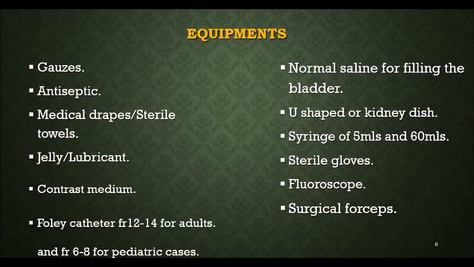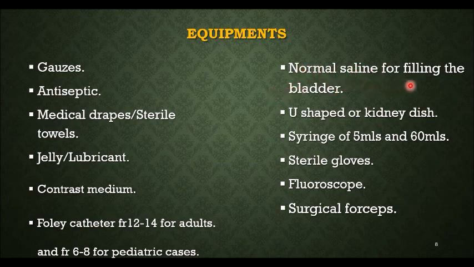So we need many pieces of equipment. We will need gauzes and antiseptics for cleaning the patient. We will need drapes and sterile towels for covering the patient. We will need jelly, a lubricant, for softening the Foley catheter. We will need contrast medium. We will need a Foley catheter of size 12-14 for adults and 6-8 for pediatric patients.